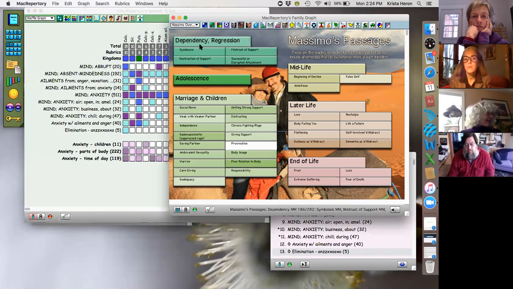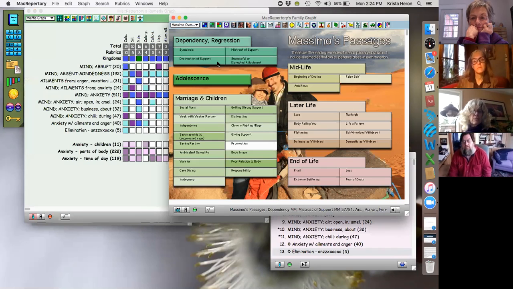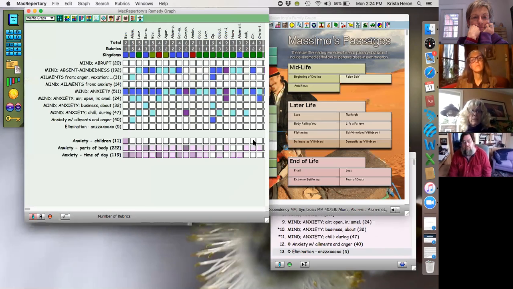But as I was saying, most of our patients are stuck in some childhood trauma. If you're really trying to differentiate between someone who's terribly symbiotic versus someone who is always trying to destroy their support or is mistrustful and paranoid of the support, you can see how there are different remedies.